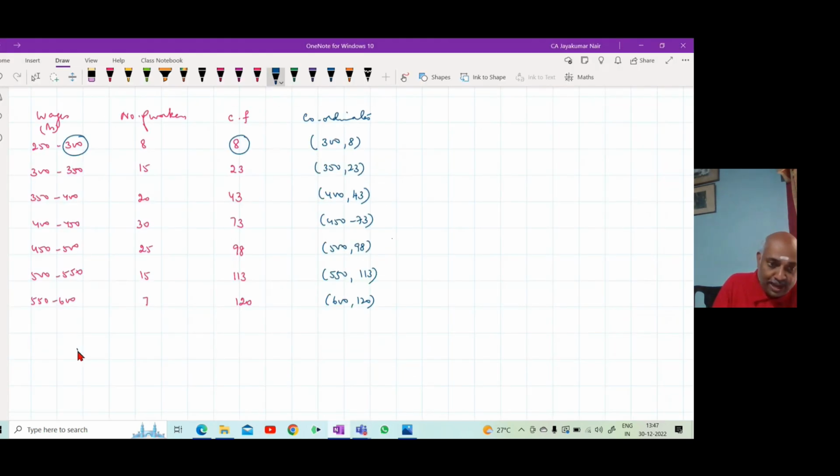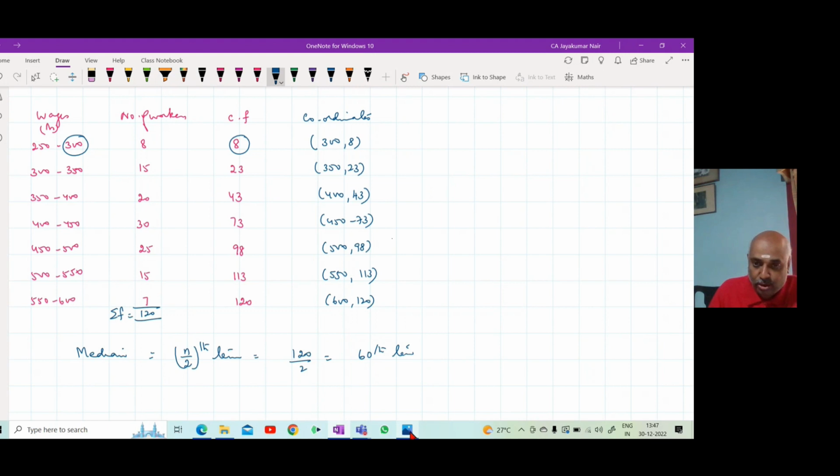So how do you estimate the median? The median is the n over 2th term. This is the formula if sigma f is an even number. So 120 over 2 means the 60th term.